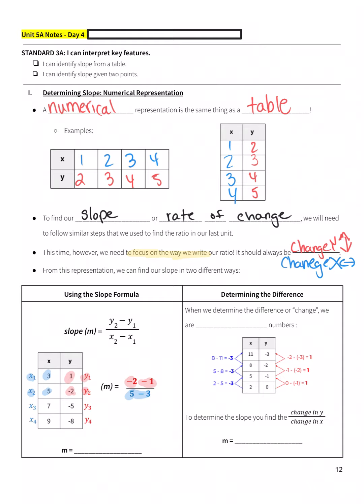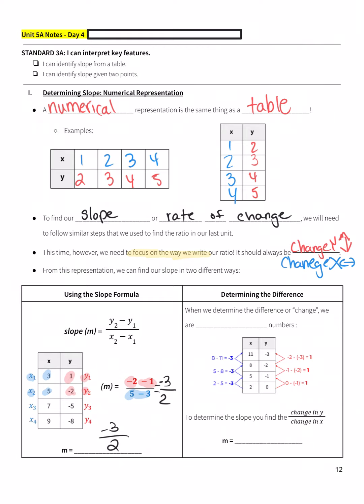All you have to do is subtract. Remember, we're finding that change, which is the same thing as the difference. So negative 2 minus 1 is equal to negative 3. And 5 minus 3 is equal to 2. So what is the slope? Negative 3 over 2. We're going to do some more practice, so if that felt overwhelming, no worries. We're going to keep practicing.